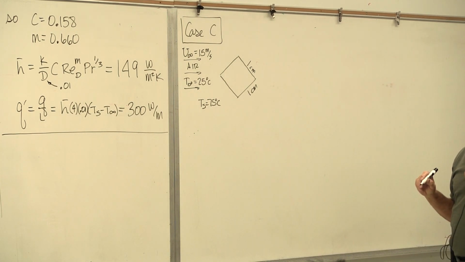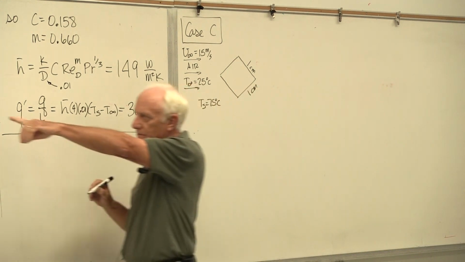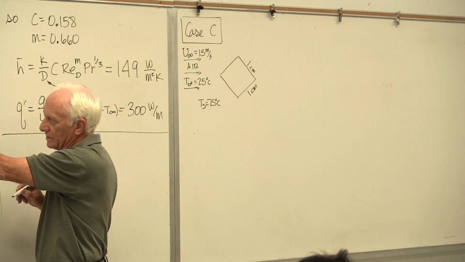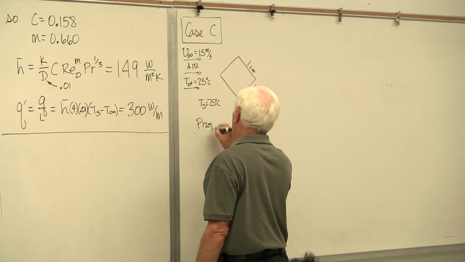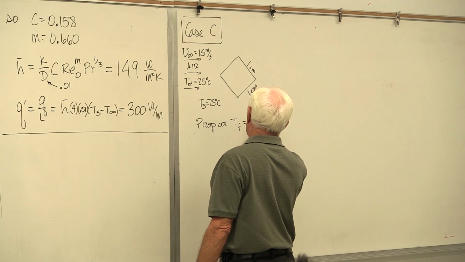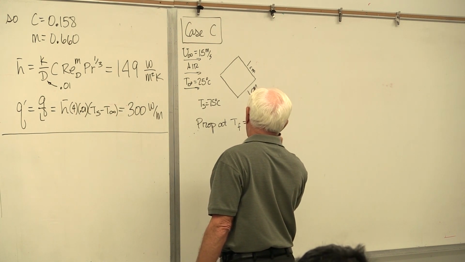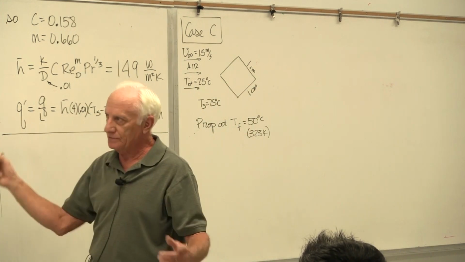Okay. Start again, same procedure. I've got to find properties. At what temperature? TF. So properties at TF, 50 degrees C, 323 K. Got them? They're all the same.